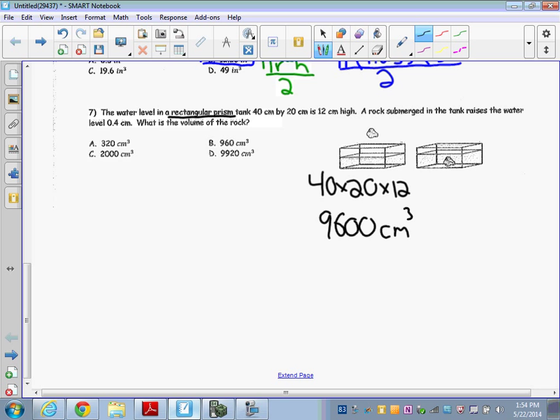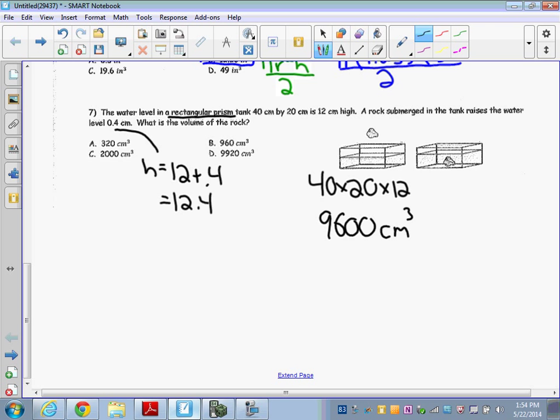Remember, that's centimeters cubed. It says a rock is submerged in the tank, raises the water level to 0.4 centimeters. So that means the new height is equal to 12 plus 0.4, which is 12.4.